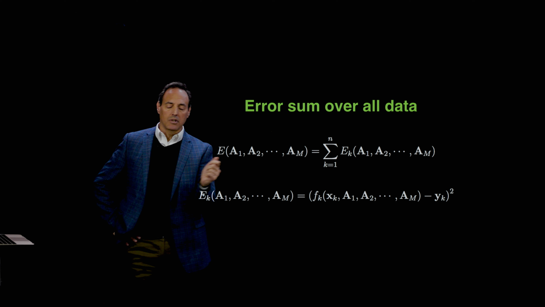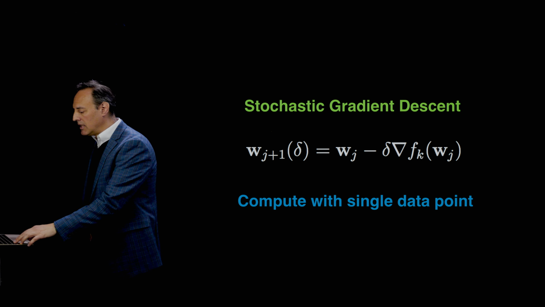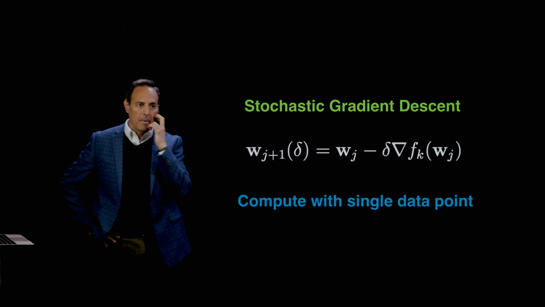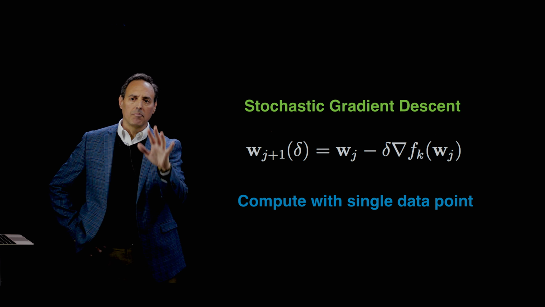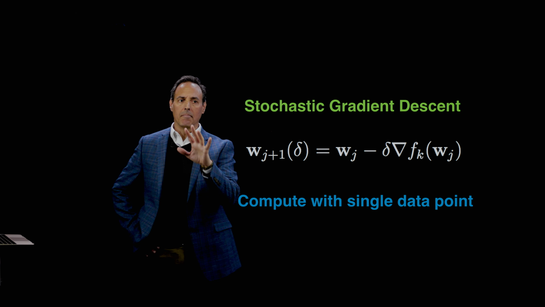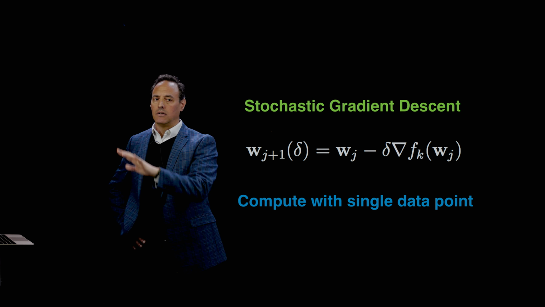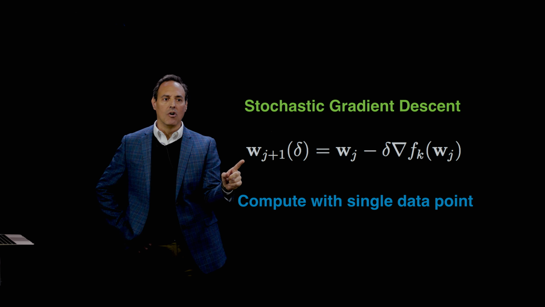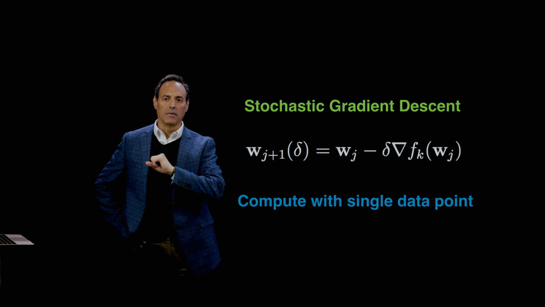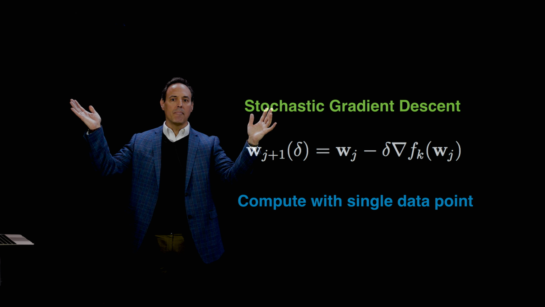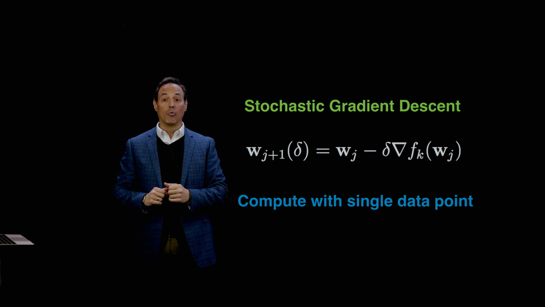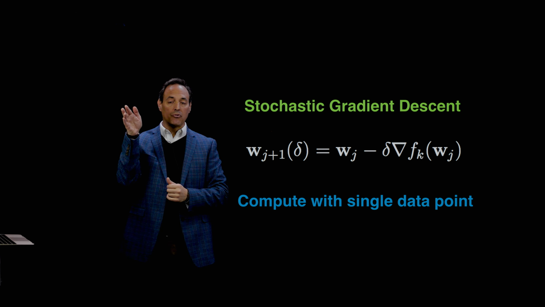What stochastic gradient descent says is, how about this? Instead of computing my error and my weights over all of my data, I will compute this only over a single data point. So out of my 1,000,000 data points, I select one randomly and compute the gradient there.